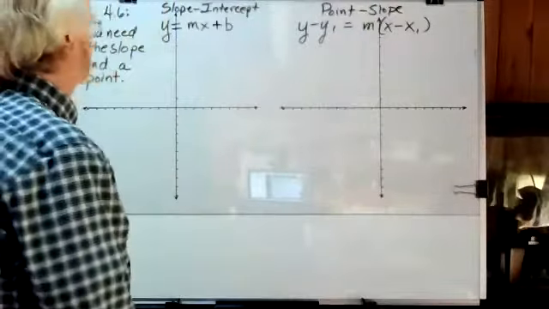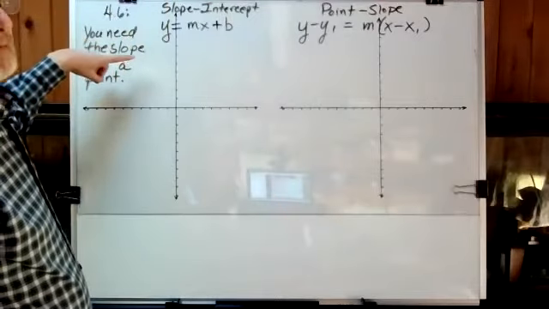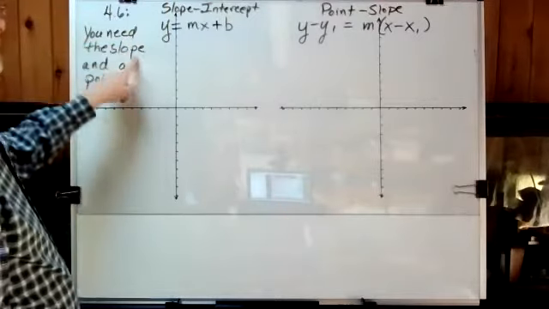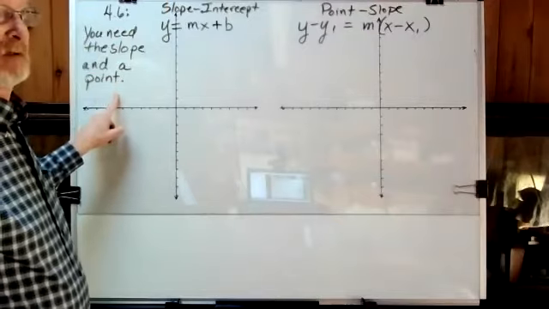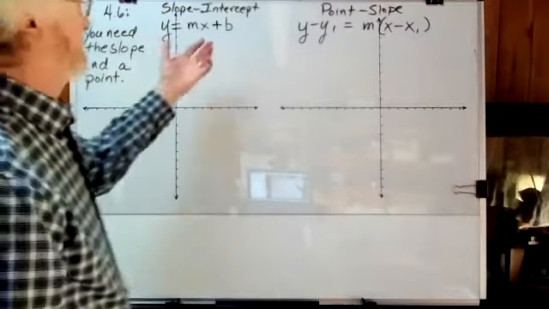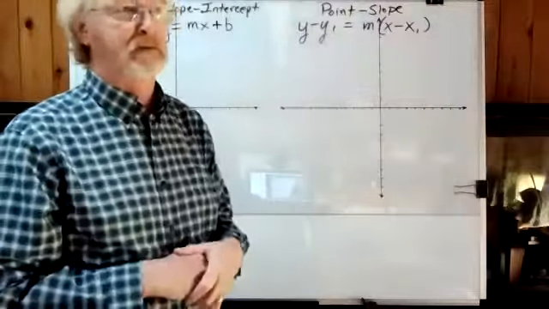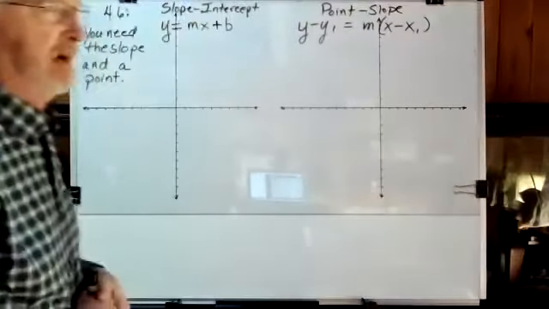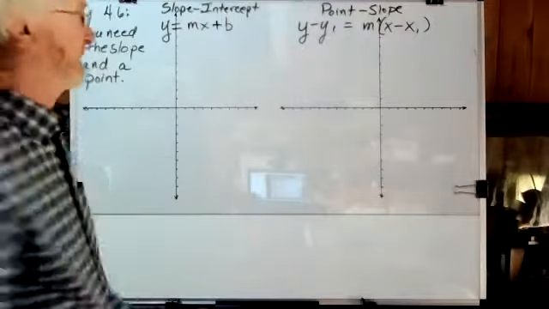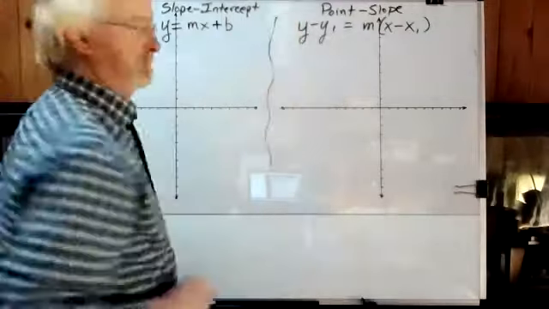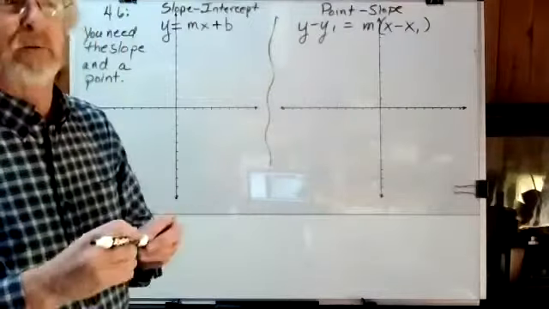The necessary information: we need a slope value, and we need a point to work from. Yesterday I got to two different forms that we can use depending on the information we have, and a couple of different techniques that we'll practice. I'm going to do problems two different ways, and you can pick which way you want.